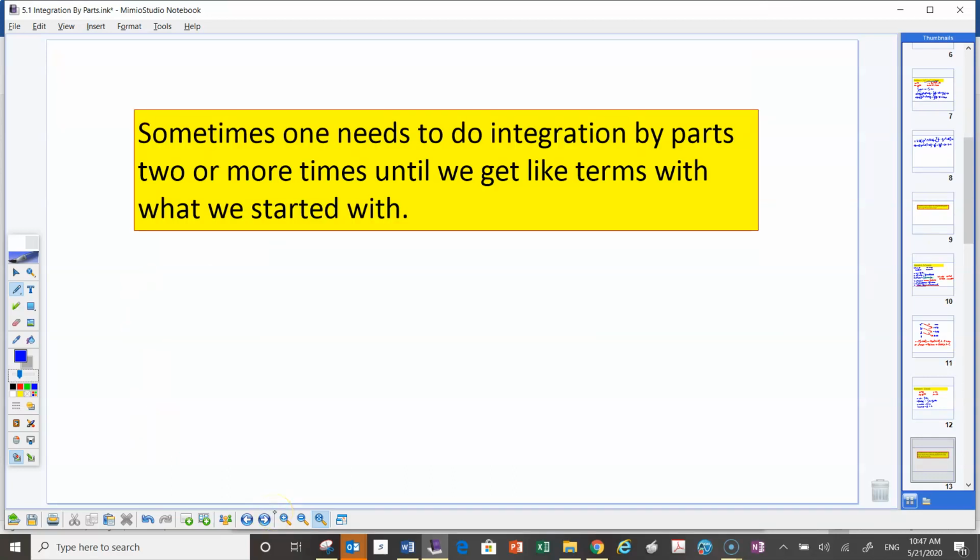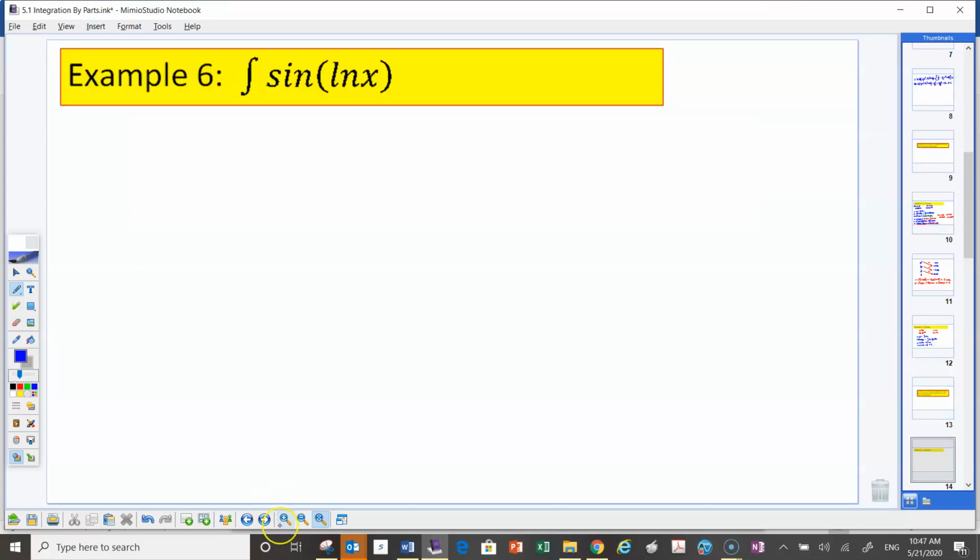Now, sometimes one needs to do integration by parts 2 or more times until we get like terms with what we started with. And these are the most challenging ones you'll see right now. So let's take a look at the integral of sine ln x, and I forgot there should be a dx here. So this is going to be u, and this part is going to be the dv.